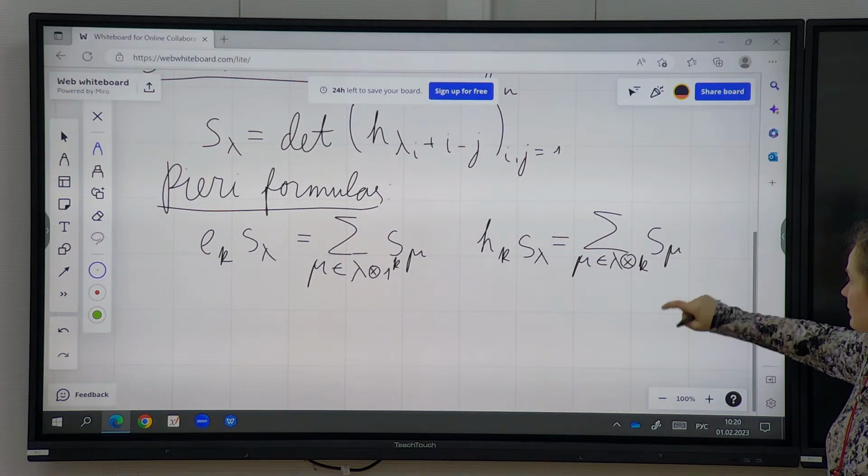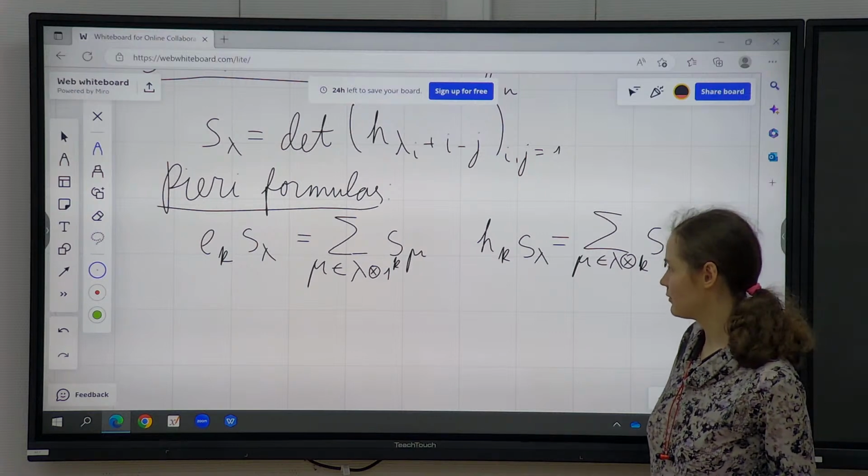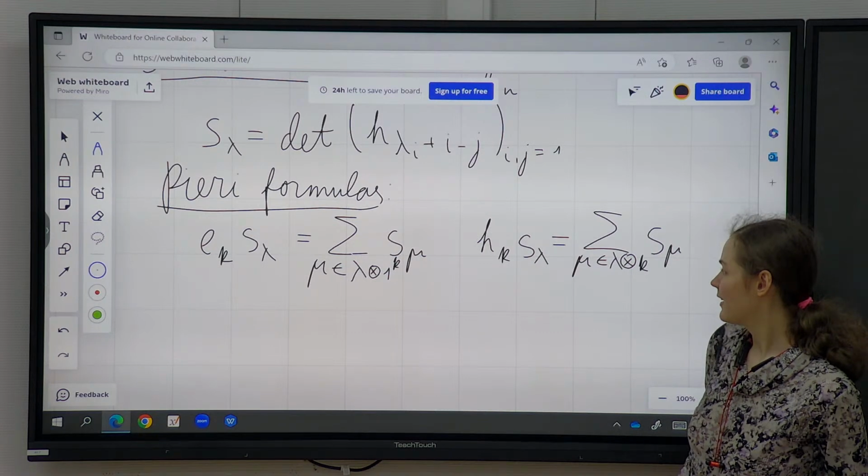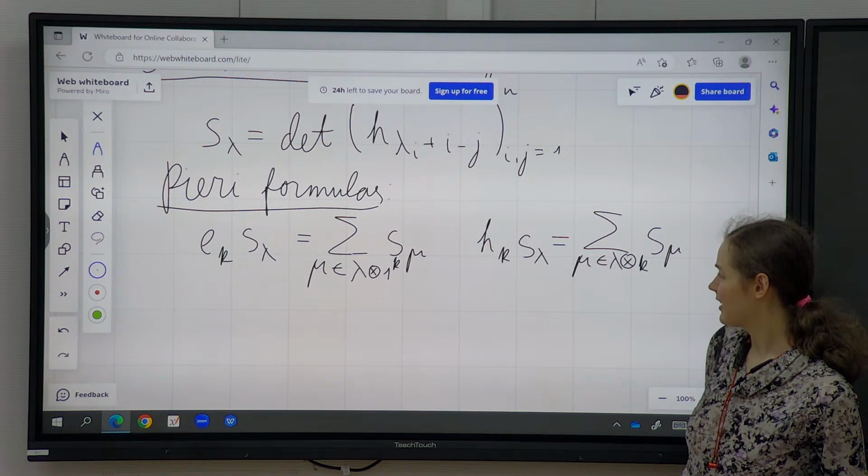And in the seminar, we computed some examples of Schur polynomials and found out that all their coefficients are positive.